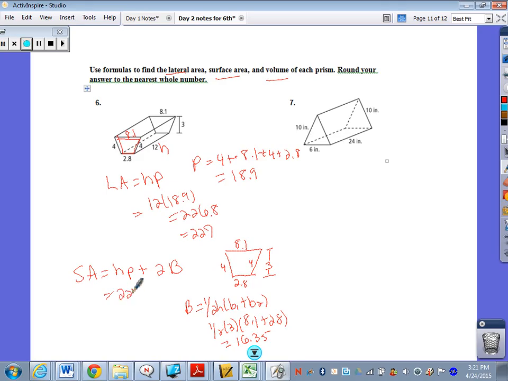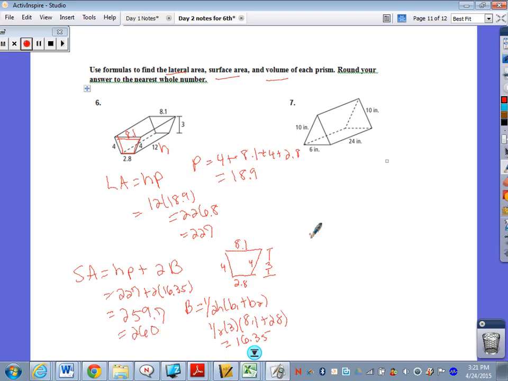HP, we said, was 227 plus 2 times 16.35. If you multiply that out, you're going to get the surface area, which is 259.7. And if you round that, we get 260.